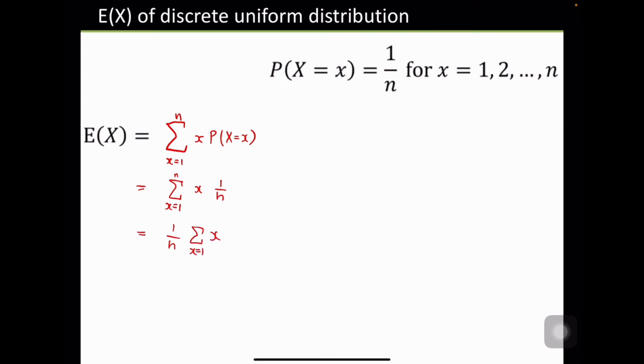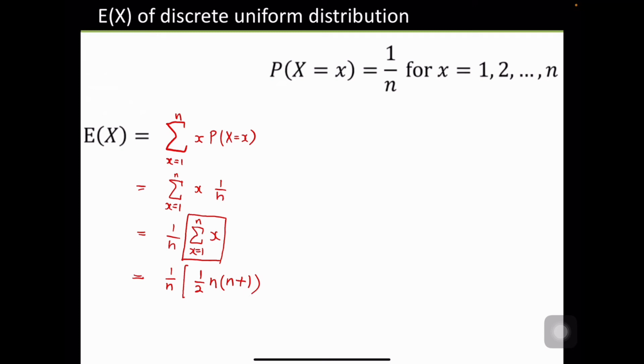And if you remember from our sequences and series topic, this type of summation is the same as a half n plus 1, right?